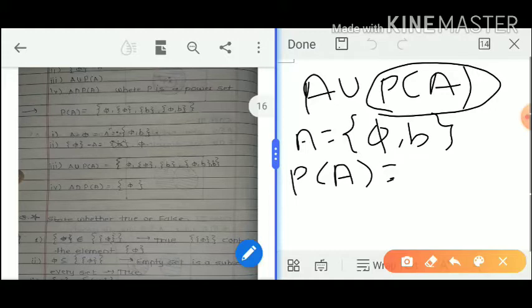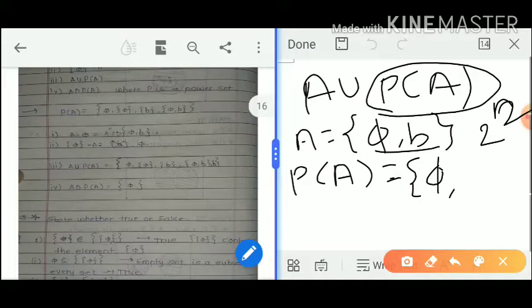The total number of elements in the power set is 2 raised to n, where n means the total number of elements in a set. There are two elements, so 2 raised to 2, which is 4. So how many elements are in the power set of A? Four.